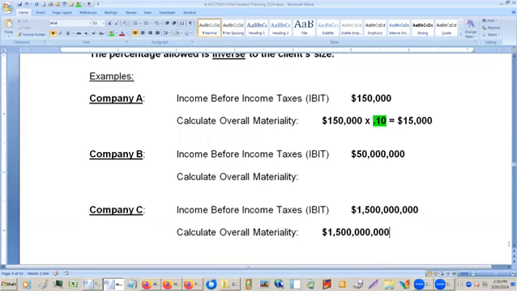Yeah, it's really big. This is a big company, and so just the dollar amounts at 5% are probably not going to fit on that screen here. $75 million.